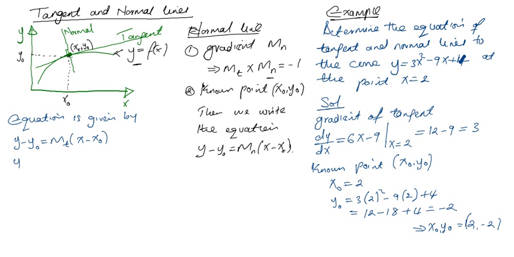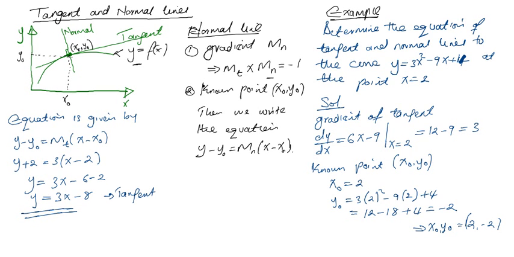We've computed y naught as negative 2, so it becomes y plus 2 equals the gradient, which we computed as 3, into x minus x naught, which is 2. Therefore y equals 3x minus 6 minus 2. So the answer is 3x minus 8. This is the equation of the tangent.